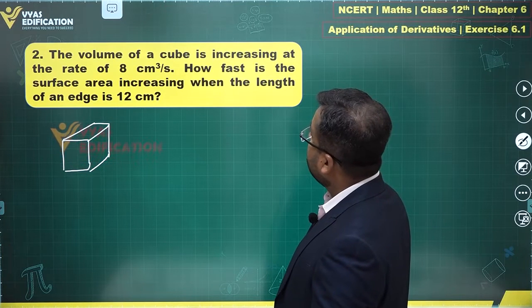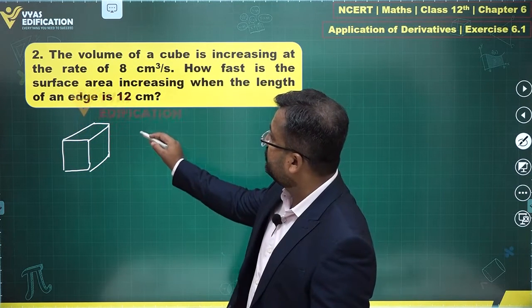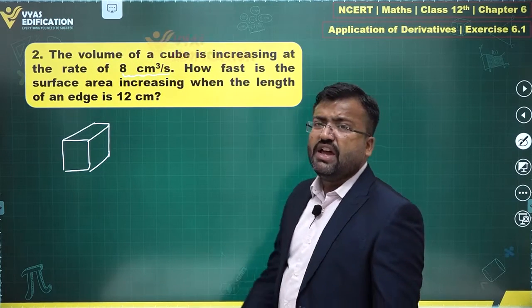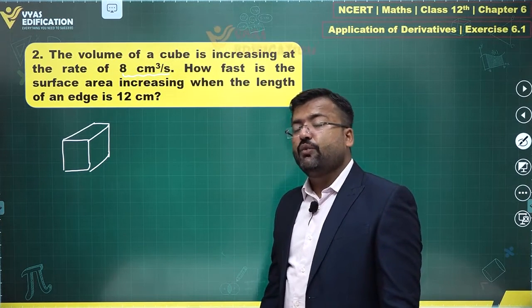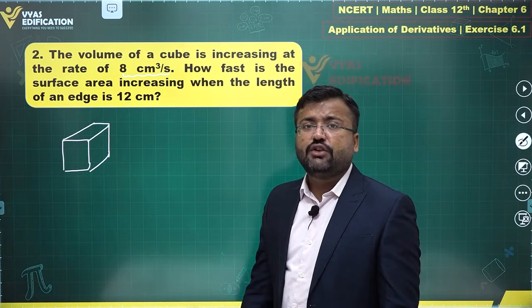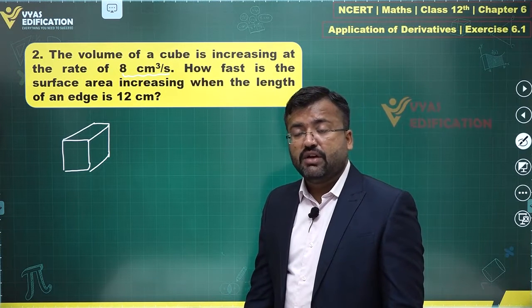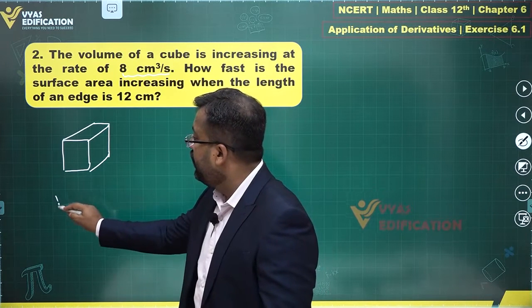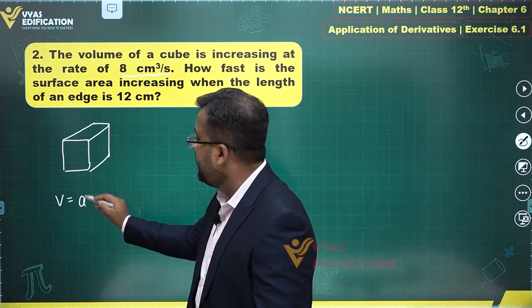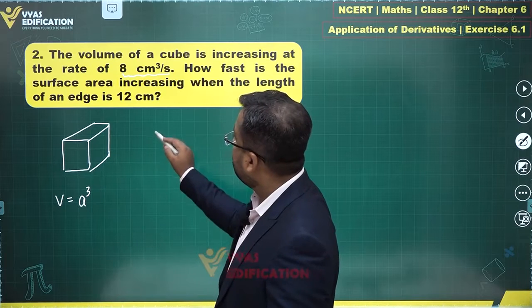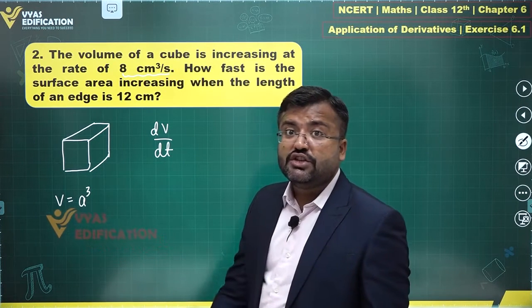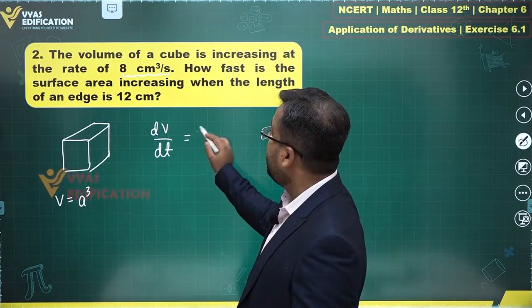And the volume of a cube is increasing at the rate of 8 centimeter cube per second. Now when seconds are involved, you know that you are talking about time, right? The volume of the cube is simply a power 3, and you are given that dV by dt, the rate of change of volume with respect to time, is 8.